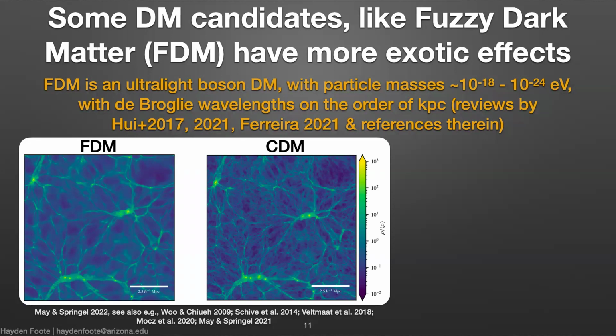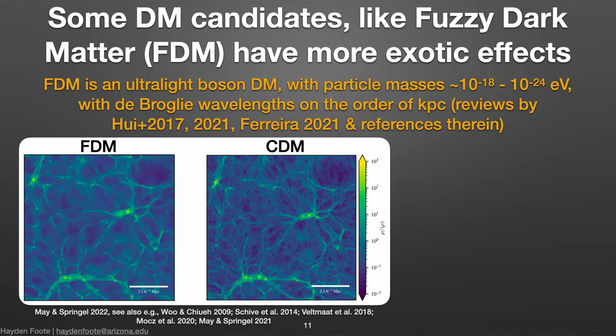And that wavelength depends inversely on the particle's momentum. So, for a human, for example, at least on quantum scales, I have quite a lot of momentum, so my wavelength is completely negligible. But with these kind of particles that are really, really light, this wave description of them is a lot more accurate on the scales of galaxies. Does that make any sense? I'm seeing a couple nods. Okay, cool, thank you.